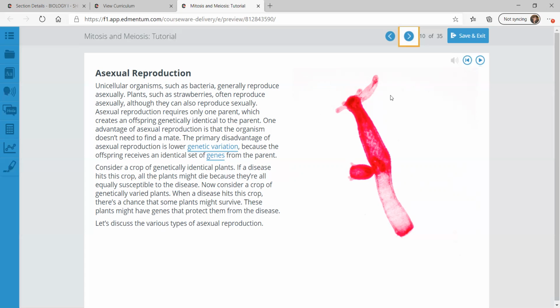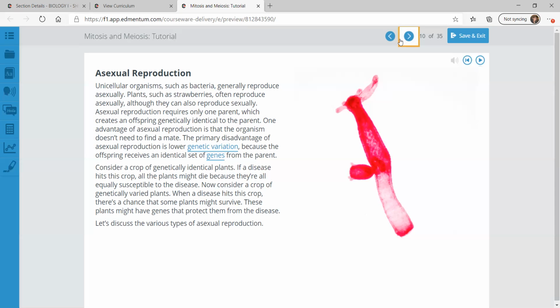That means they have different genes, but of the same species. When a disease hits these types of crops, there's a chance that some plants might survive. These plants might have genes that protect them from the disease. So those are some of the main differences that genetic variation can actually help plants or species survive.